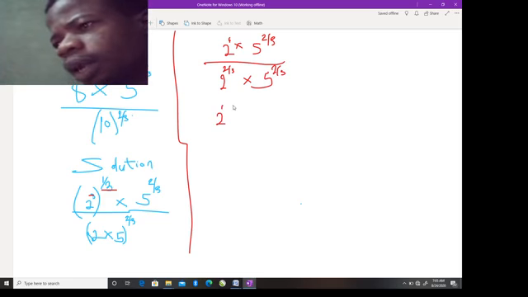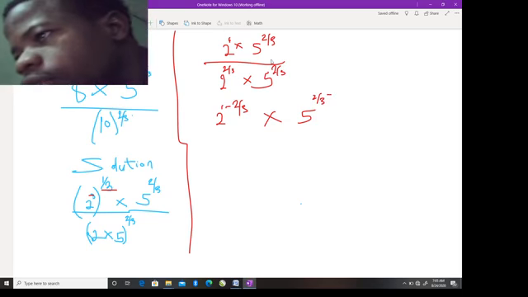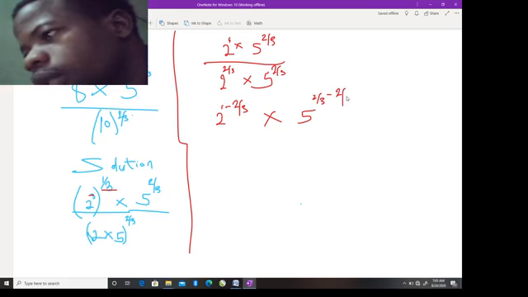There's division, right? So you have minus 2 over 3. Then times 5, 2 upon 3. Then minus, this is 2 upon 3, division here, so we have minus 2 over 3.